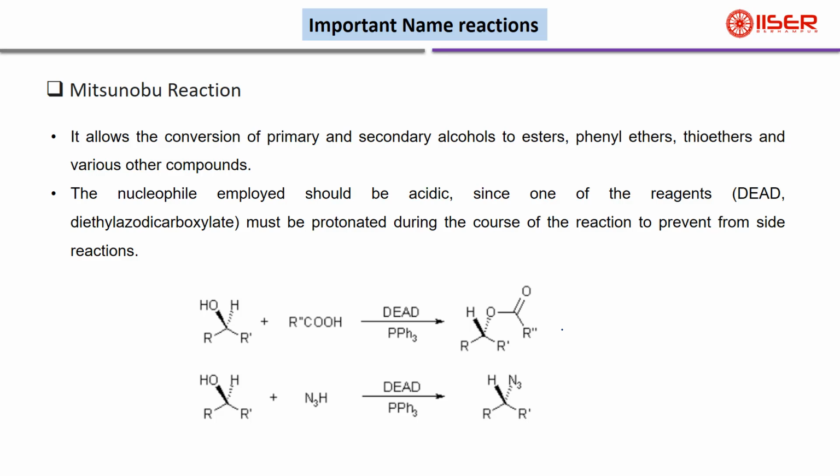A similar type of reaction is the Mitsunobu reaction. In this case, we also substitute an OH group, but instead of PPh3 and tetrabromomethane, we are using diethyl azodicarboxylate instead of tetrabromomethane, because in tetrabromomethane there is elimination of a bromine atom, and we know that bromines are not that safe.